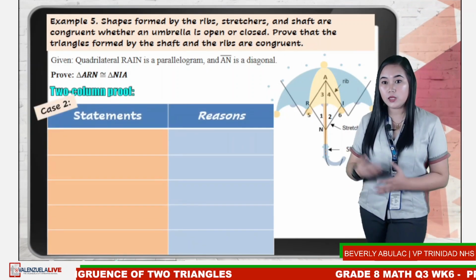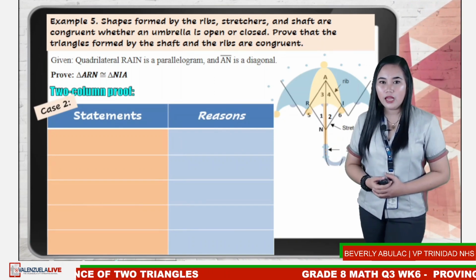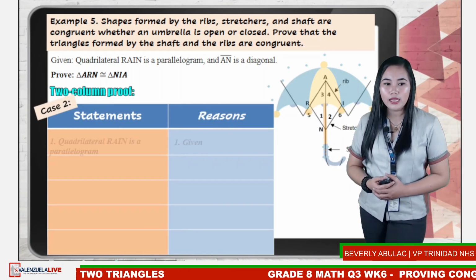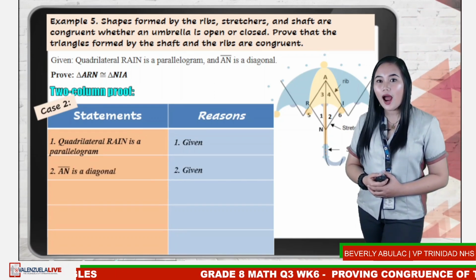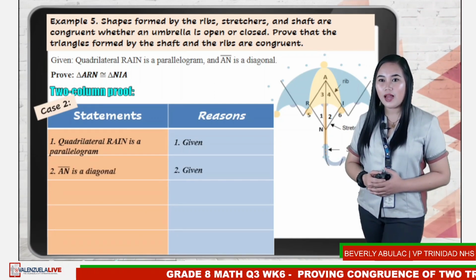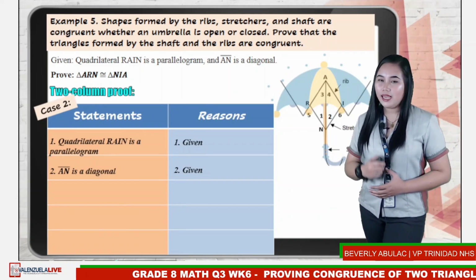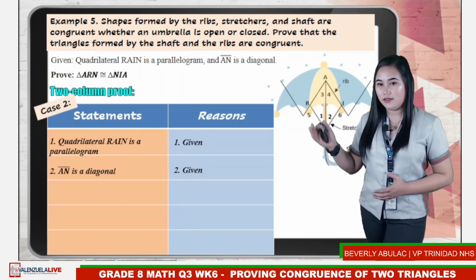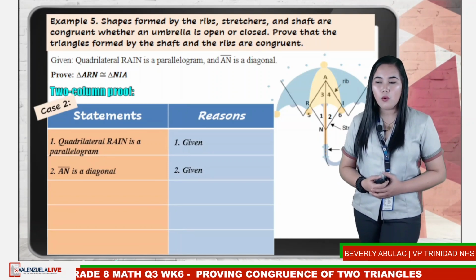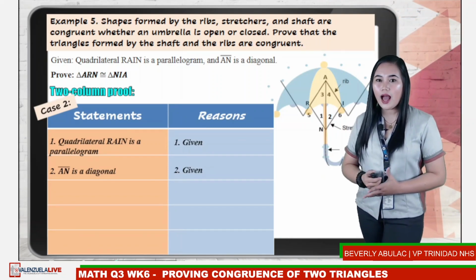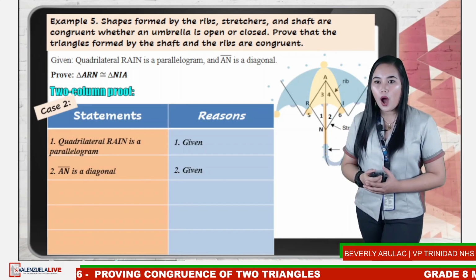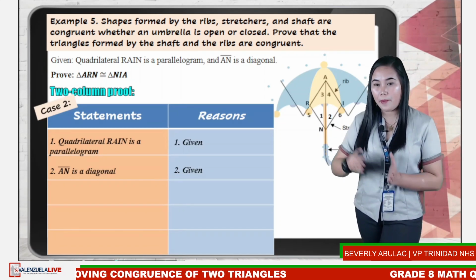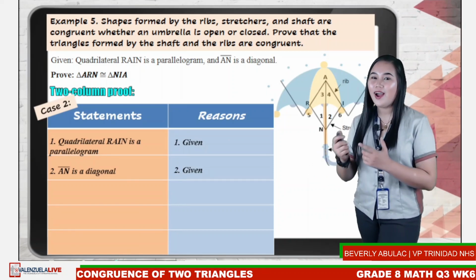Next one, case 2. Again, for the statements, we have to write down all the given. Quadrilateral RAIN is a parallelogram. Segment AN is a diagonal. Those are the reasons. Now, on the figure, as you can see, angle R is congruent to angle I by the opposite angles of a parallelogram are congruent.